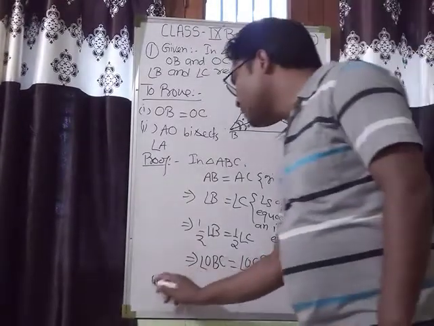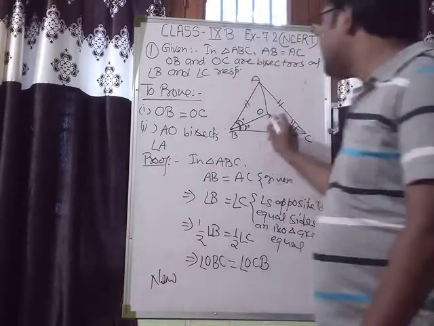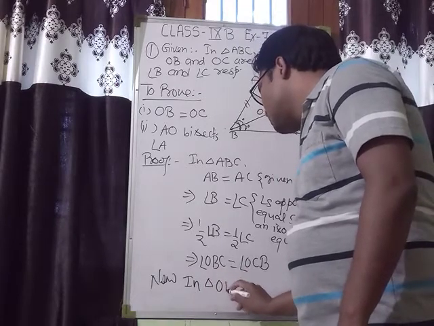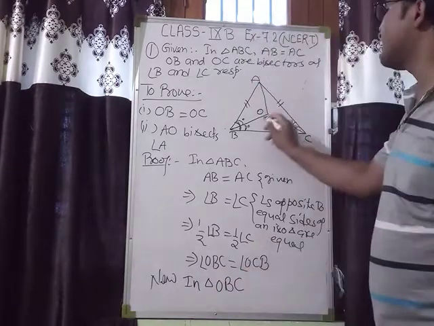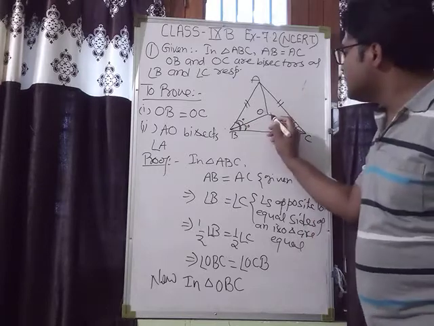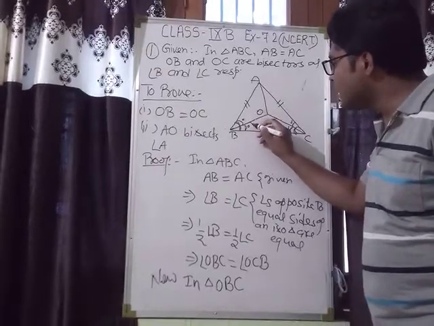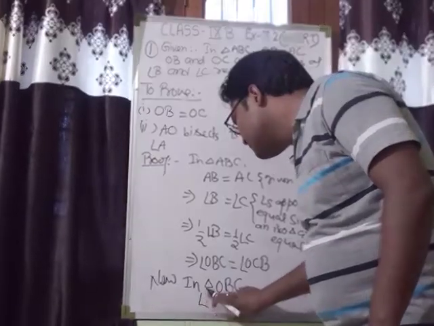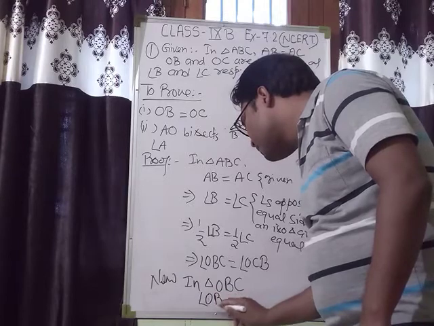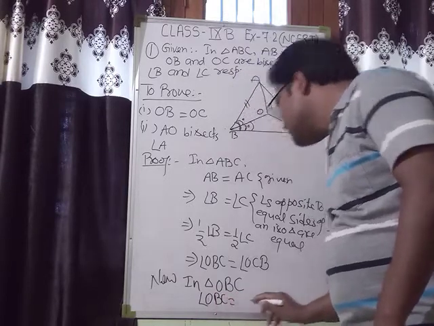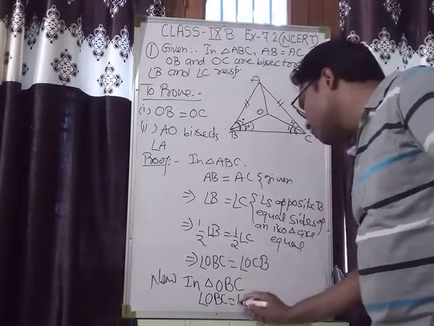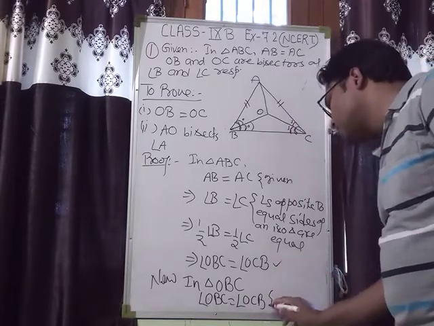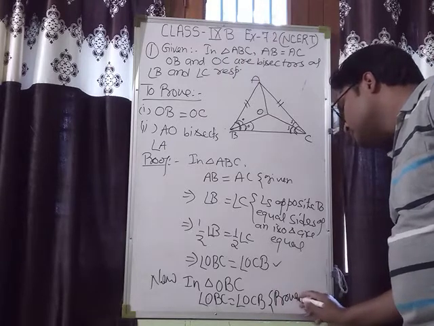Now consider triangle OBC. In this triangle OBC, you can see angle OBC equals angle OCB, proved above.